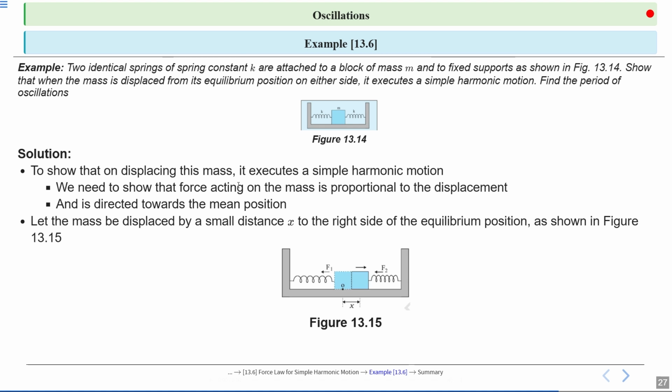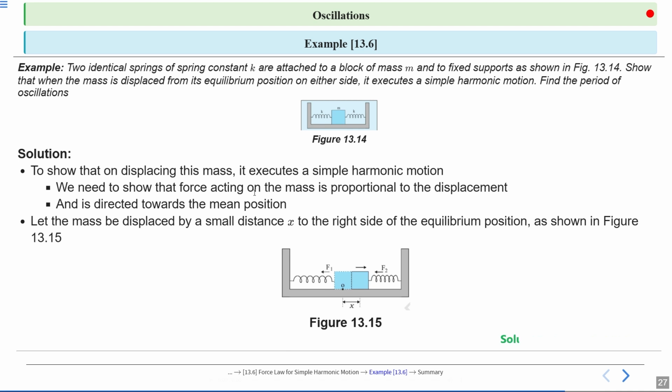Suppose we move the mass a small distance x to the right from its equilibrium position. Both springs will either stretch or compress, and we need to analyze the forces they exert on the block. So the direction and magnitude of these forces will determine if the motion is truly simple harmonic.